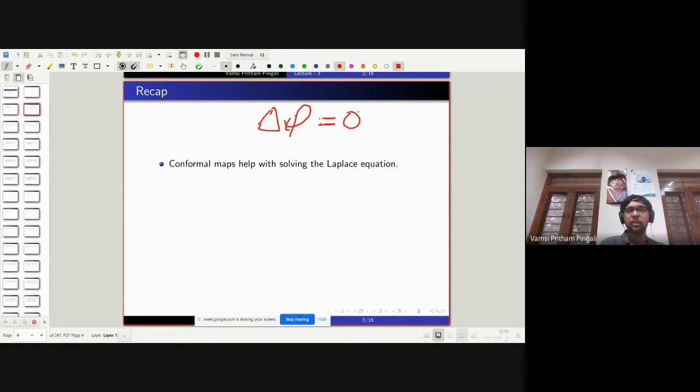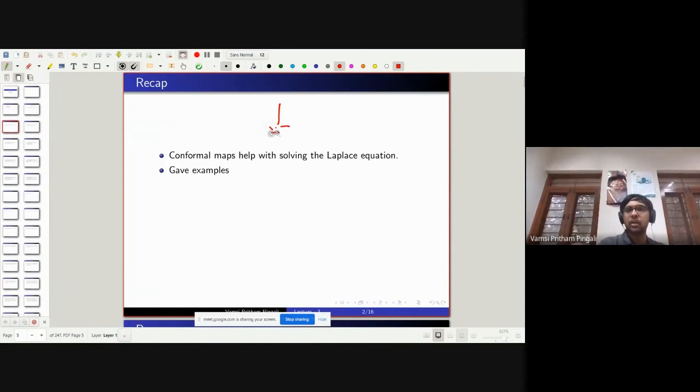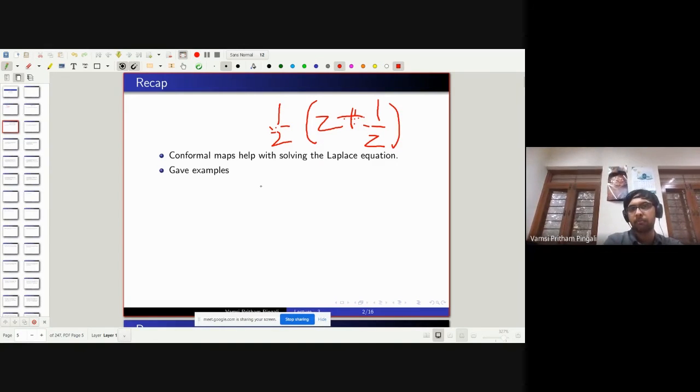Then we gave a few examples. I didn't prove this. This was a part of the homework. For instance, the weirdest example was this one, and it took the punctured unit disk to C minus -1, 1.